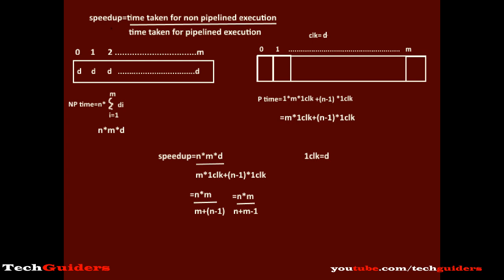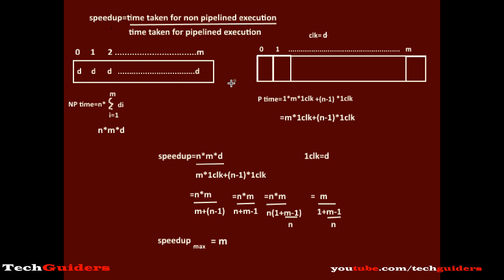Now we shall take n out. It becomes m divided by 1 plus (m minus 1) by n. So we can see that as n tends to infinity, the speedup approaches m, where m is the number of stages. This is the maximum speedup that can be attained with pipelining, which is equal to the number of stages m. For that, the number of instructions should be very large.